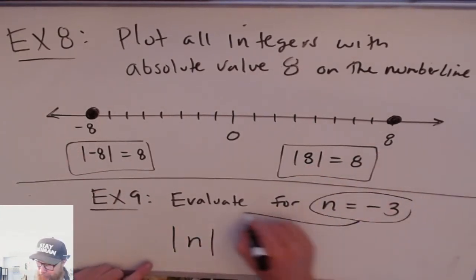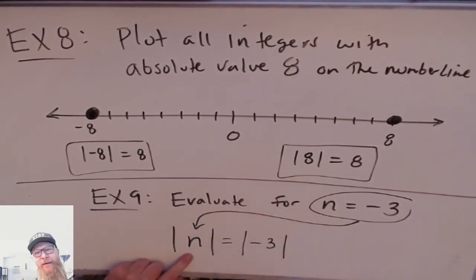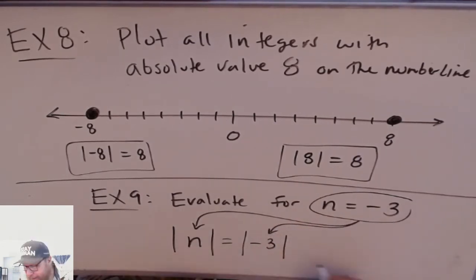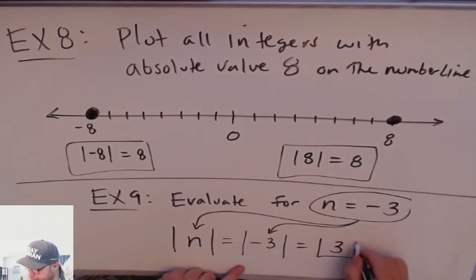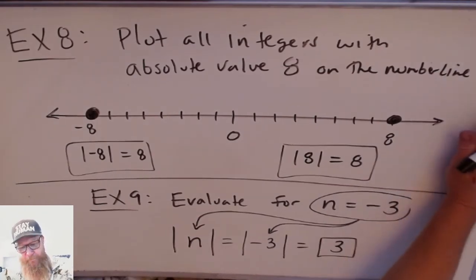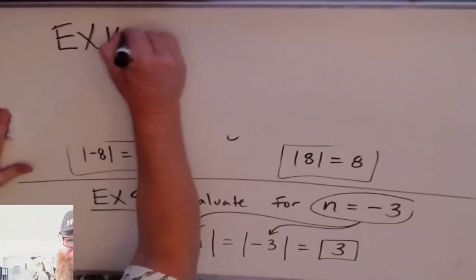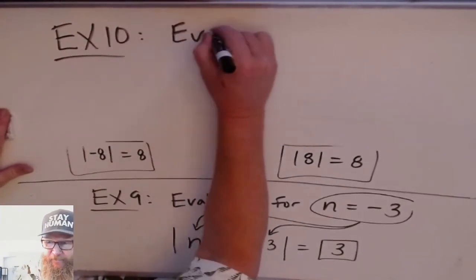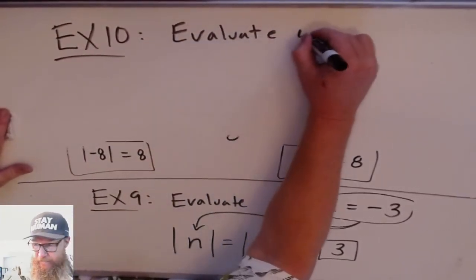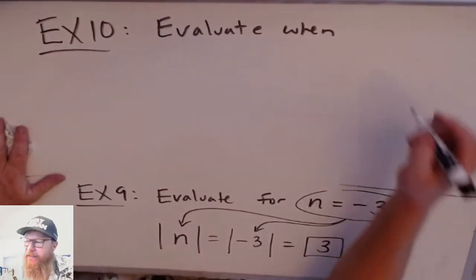So I'm going to replace n with negative 3. So n becomes negative 3. And now the distance is positive 3. So you just get positive 3. Sometimes we say "when" instead of "for." It means the same thing.